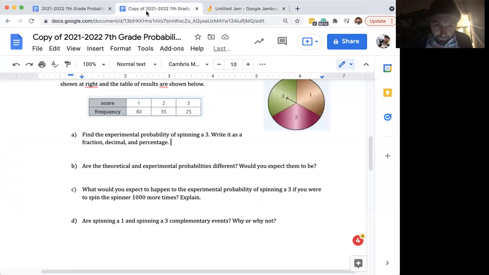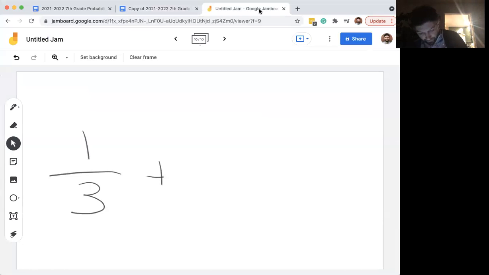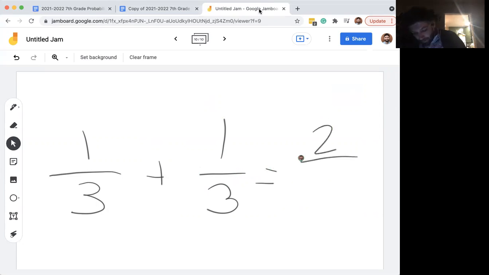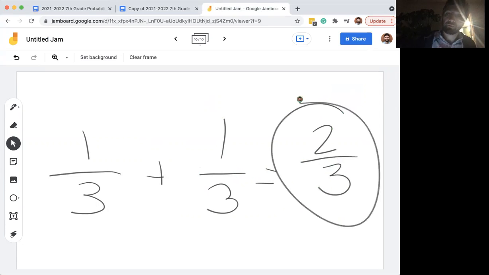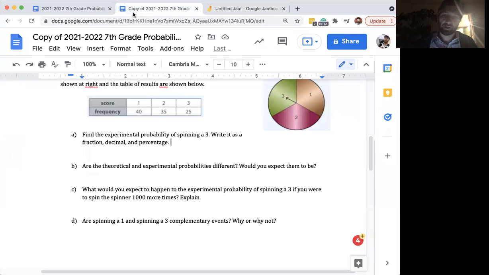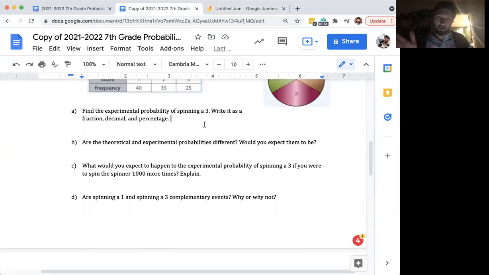There are 3 possible outcomes again, so 3 is my denominator, and one of them is a 1. So the probability of getting a 1 is 1/3. I add them together and see if they equal 1 or 100%. They don't. They equal 2/3, which is less than 1. So they're not complementary events because their combined probabilities are less than 1 or less than 100%.